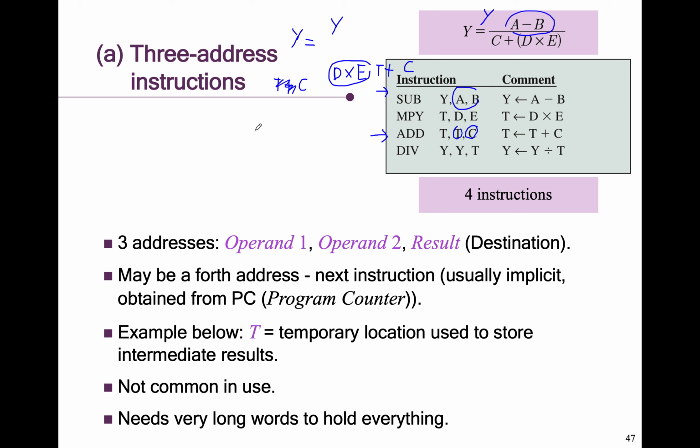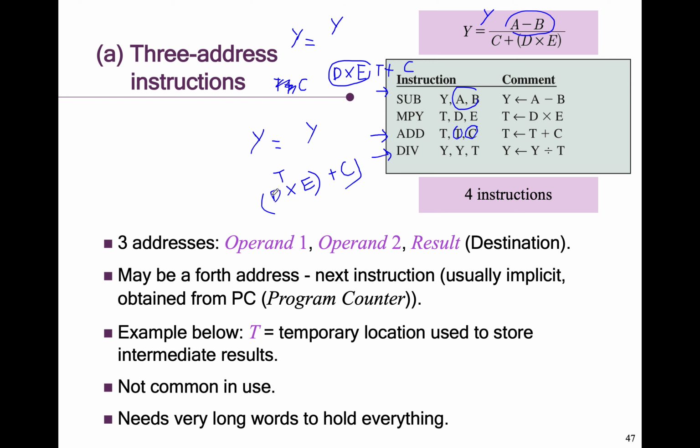After that, here you can see I'm going to add this T with my C. So what happened now? I already have Y, and another operation I have, D multiplied with E, and then this will be a T, and plus with my C. Now I already have up to the third line. At the fourth line, I'm going to have the division.